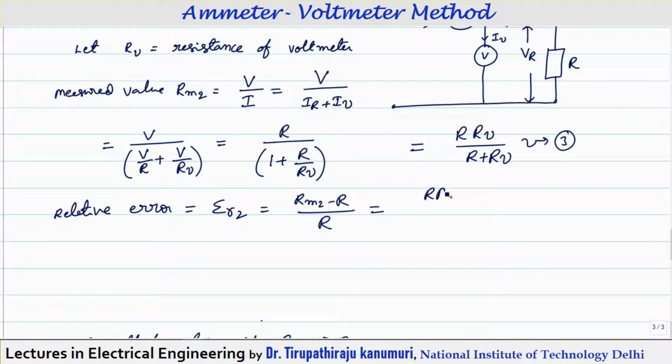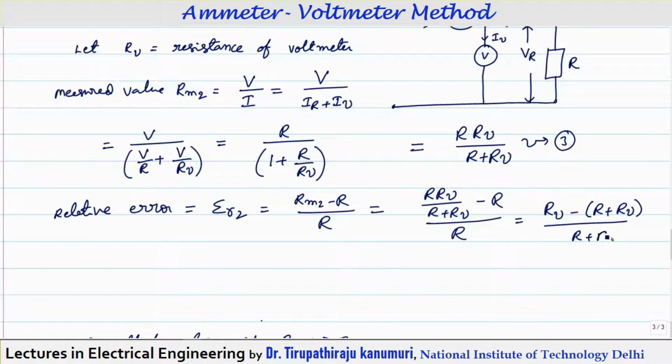Measured value is R into RV divided by R plus RV, minus R, divided by R. So R will cancel everywhere. This will be RV by R plus RV minus 1. So this will be equal to RV minus R plus RV divided by R plus RV.